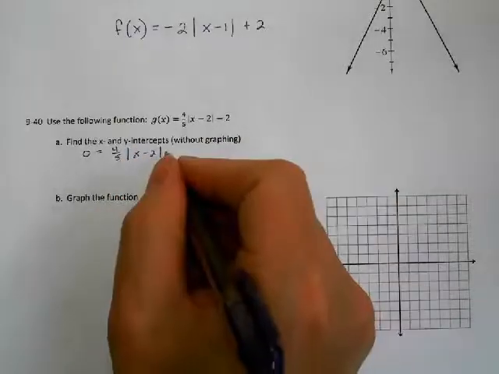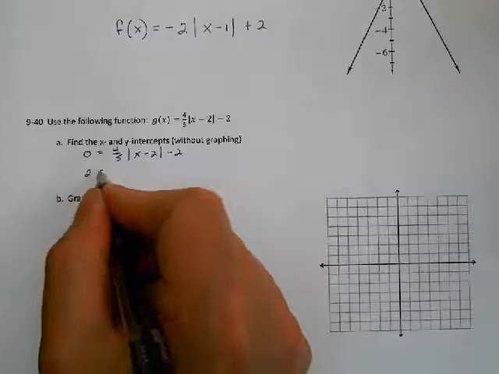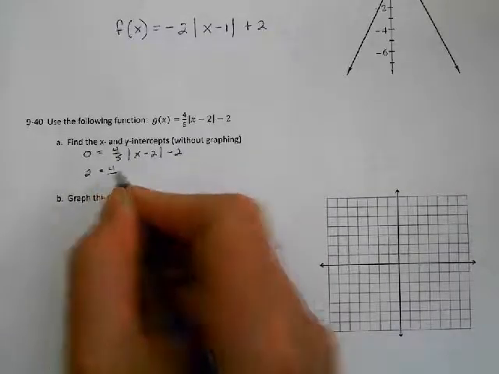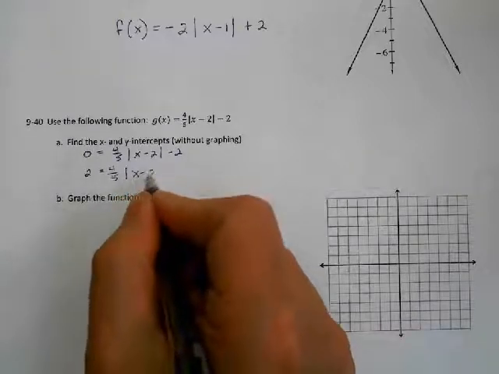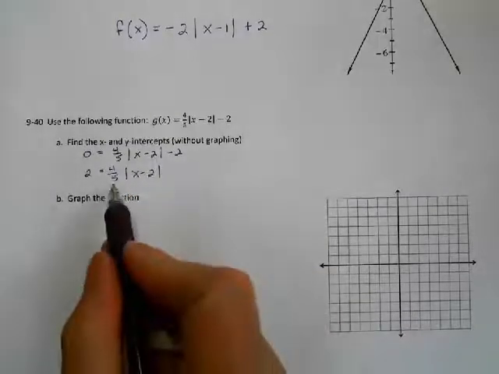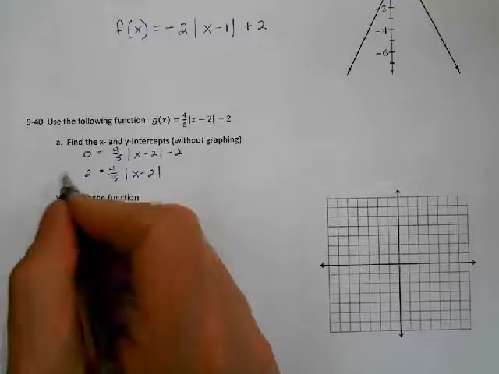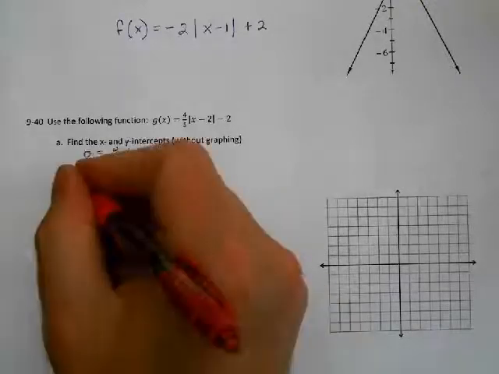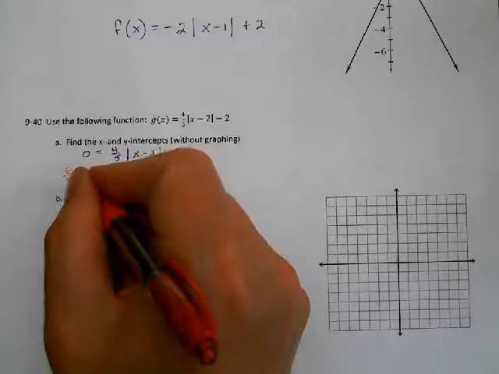So here I would add 2 to both sides. Next thing that I would do is multiply by the reciprocal of 4/5, which is 5/4. So I'd multiply this side by 5/4, and I'd multiply this side by 5/4.